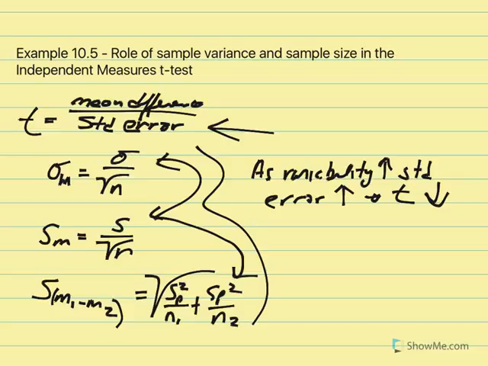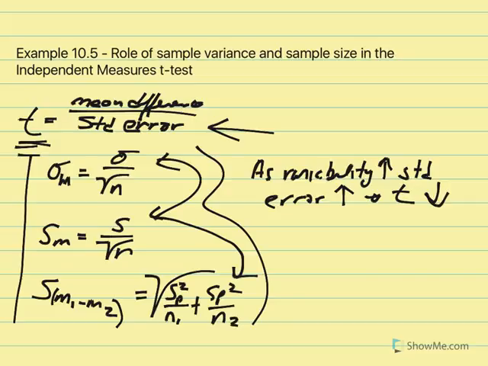So again, if we're talking about the standard error equations, any three of these, if the variability increases, so the numerator of those equations increases, the standard error increases as well, because that's reflective of variability. And therefore, the denominator of our t equation increases, and when you divide by a larger number, the quotient, in this case our t statistic, decreases.